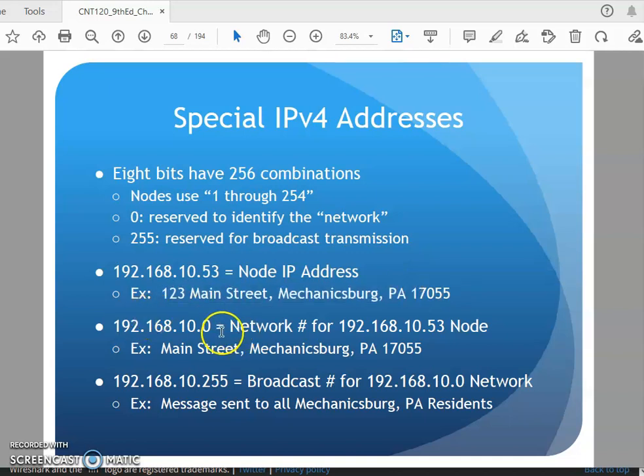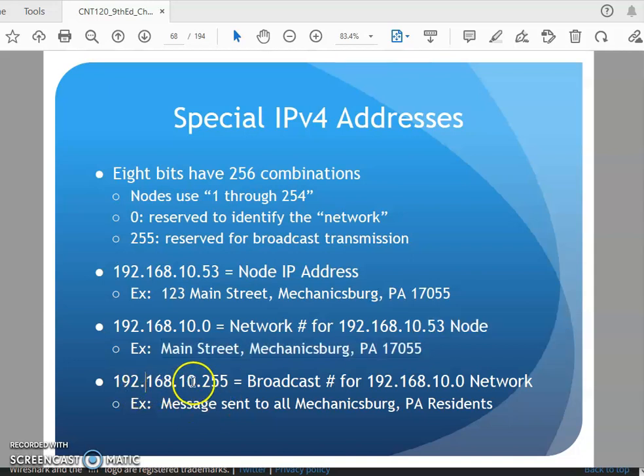When I have 0 in the host portion, that's identifying the network. So this would be 192.168.10.0 is identifying the network. Example, Main Street, Mechanicsburg, PA. You notice the house number is gone. It's identifying the network. It's identifying the street address, if you will. Again, Main Street, Mechanicsburg, PA, as opposed to Main Street, Lima, Ohio.